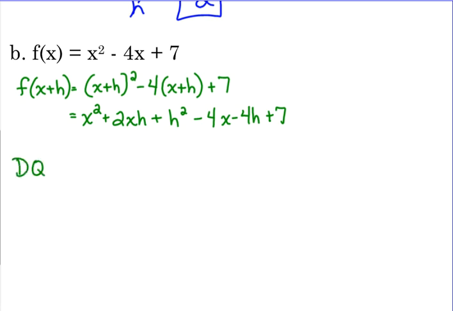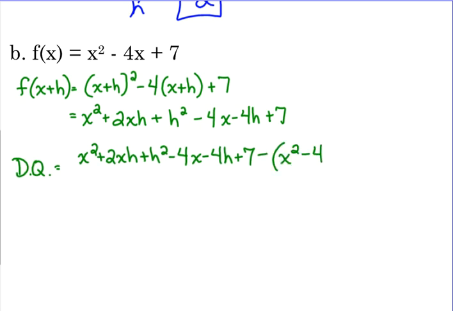So let's do the difference quotient. It's that expression right there, minus our original function. Again, make sure you put it in parentheses because that negative has to be applied.